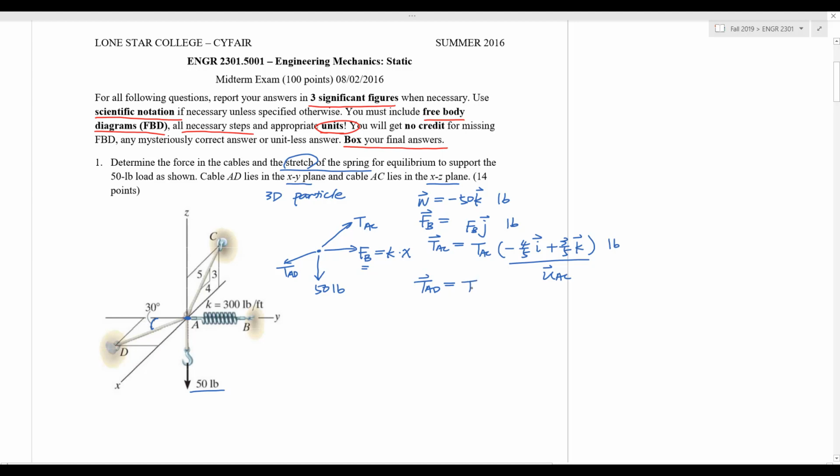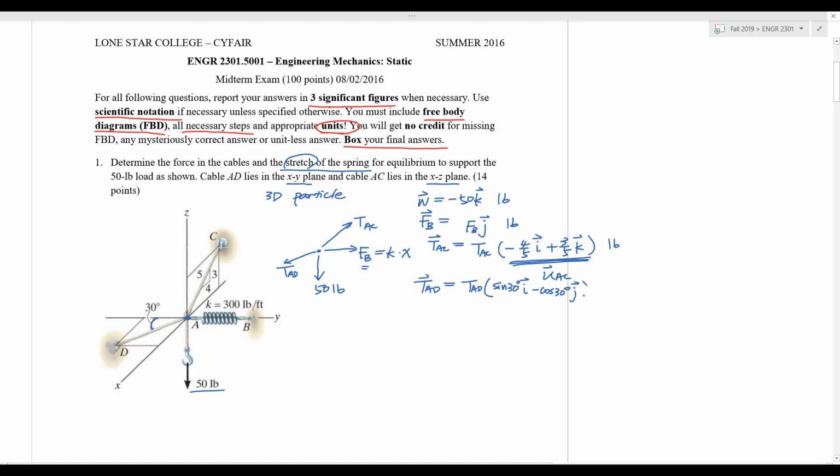So we will have the magnitude TAD times positive sine 30 i, and this means that this portion is the unit vector, and then minus cosine 30 degrees j.